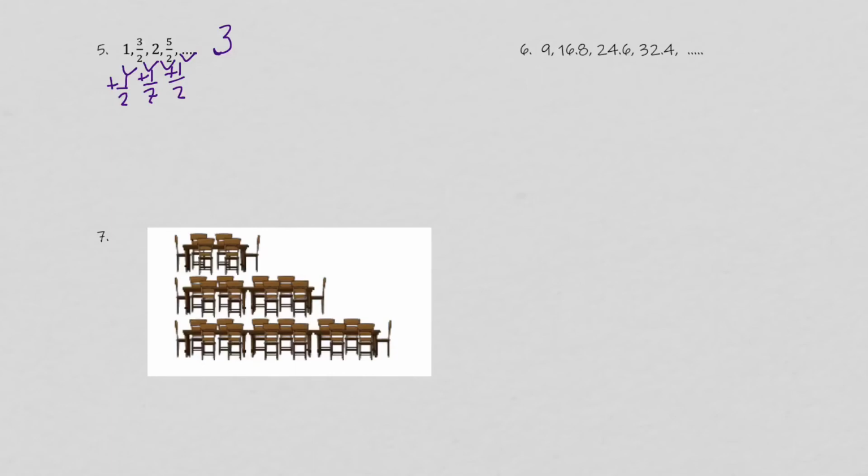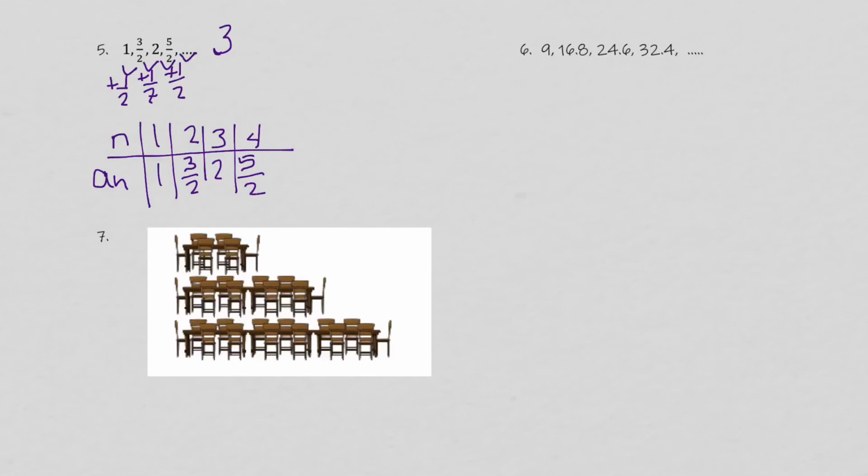I also realized at this point in time, these are all the same things, right? So when I start looking at my term numbers, I have 4 terms. So 1, 2, 3, 4. And then my terms are 1, 3 over 2, 2, 5 over 2. We know we're going up by 1/2, so we're going to start by multiplying that 1/2 times my term value.